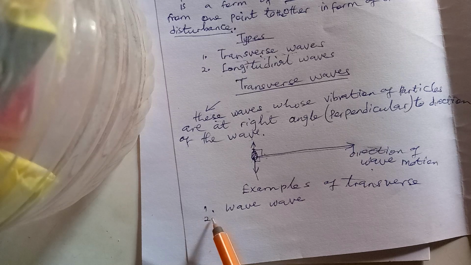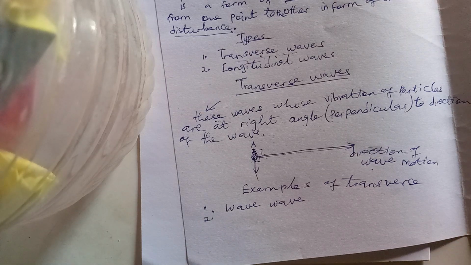A water wave is an example of a wave which is formed, for instance, when you drop a stone in water. The disturbances or ripples you see there give us a transverse wave. It is called water wave because these waves are formed in water.